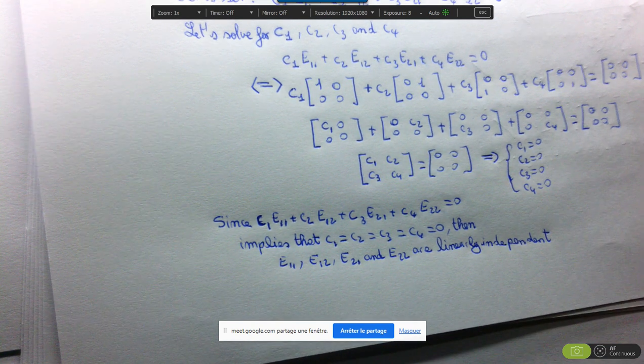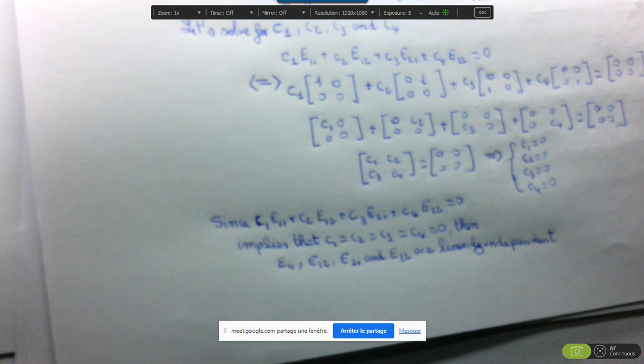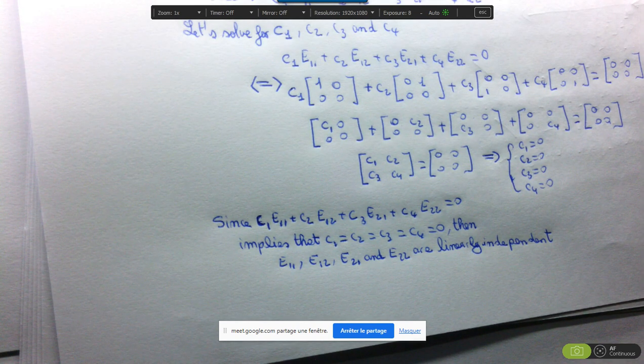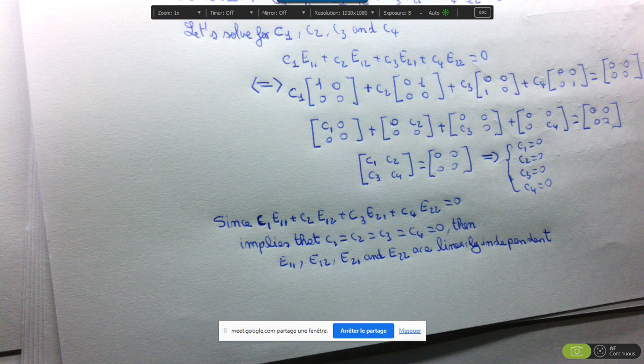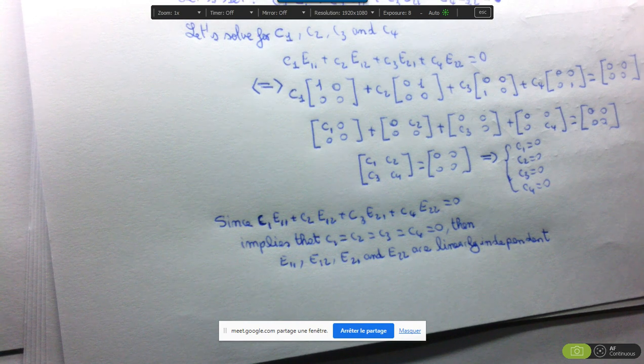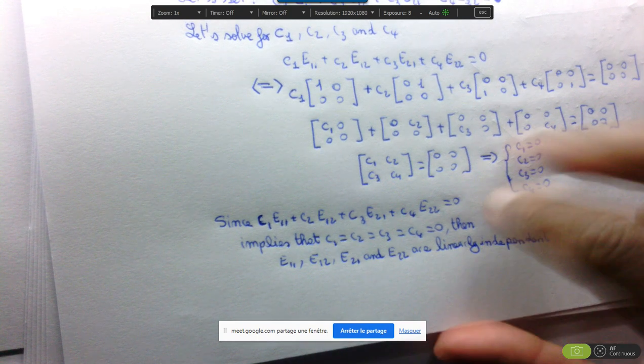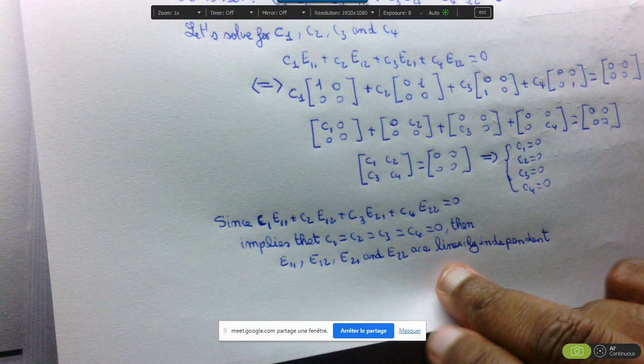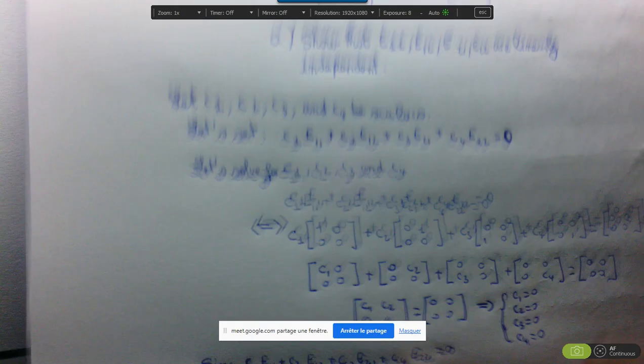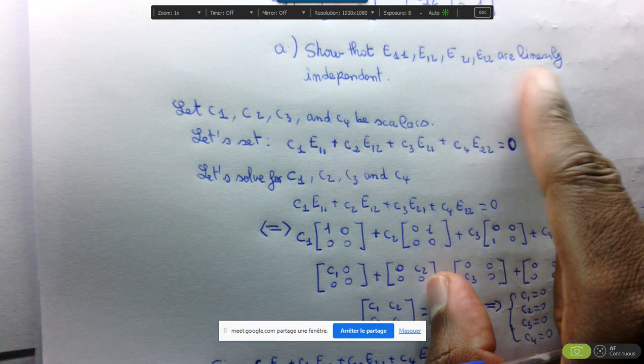Okay, so that was the first question. Now the second question. The first question was to show that E11 all the way to E22 are linearly independent.